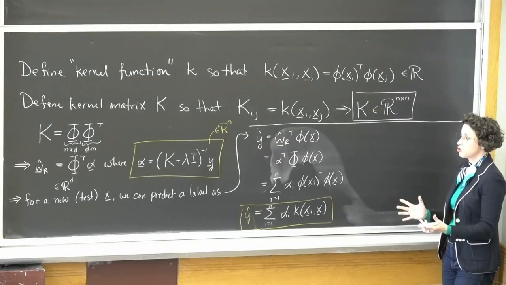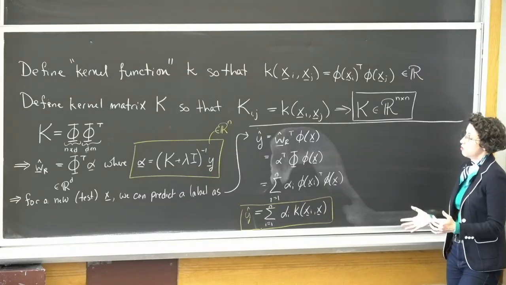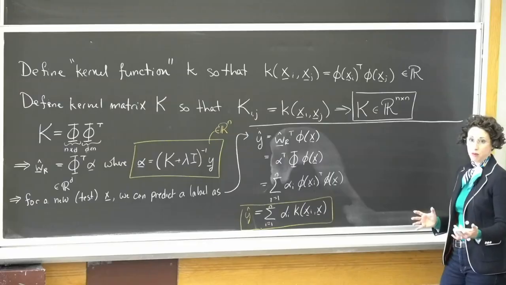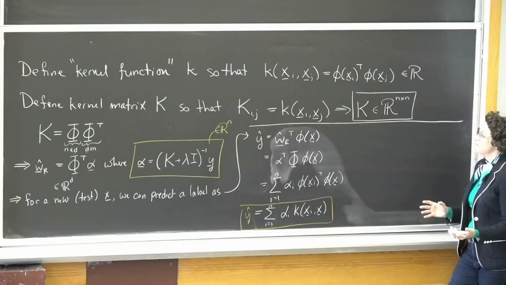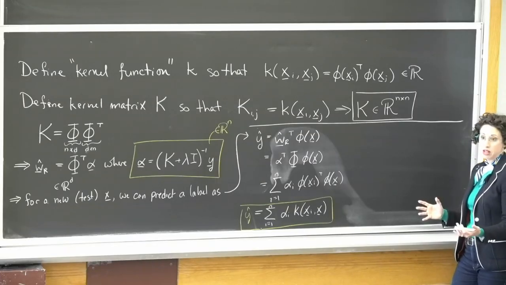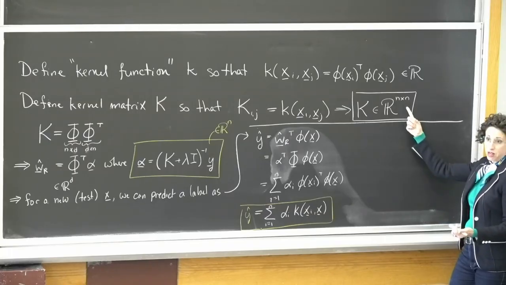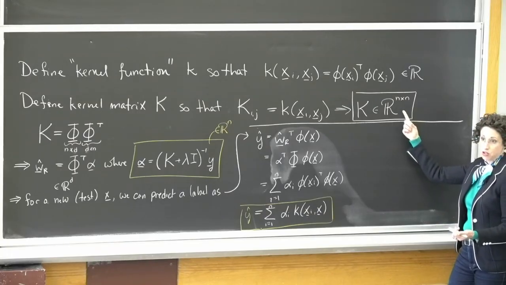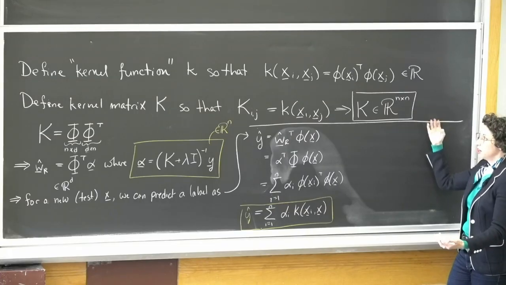There are some key trade-offs if we think about kernel methods versus neural networks. With neural networks, we're going to talk about how we train those, I think, next week, depending on how slowly I move. We just process one training sample at a time. Whereas here we have to look at every pair of training samples. So there's a real challenge that arises when we've got huge numbers of training samples.